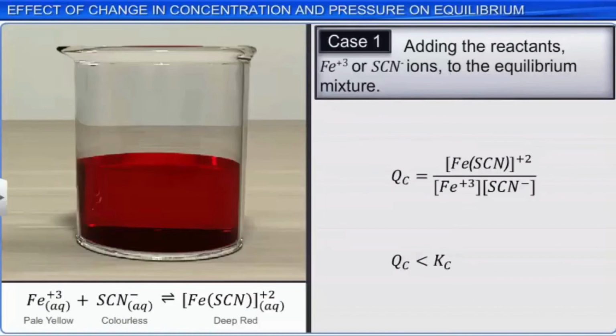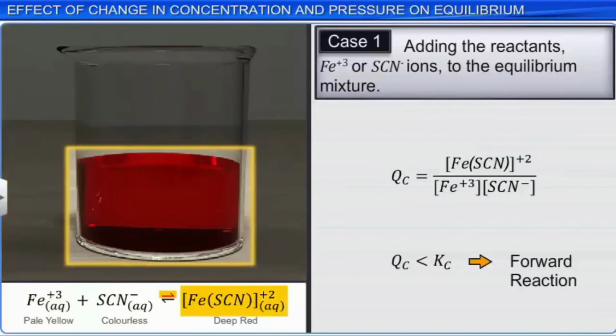You have already studied that when Qc is less than Kc, the reaction proceeds in the direction of formation of products. That means the reaction proceeds towards the formation of FeSCN+2 ions. This is the reason why the solution becomes dark on the addition of more Fe+3 or SCN- ions.